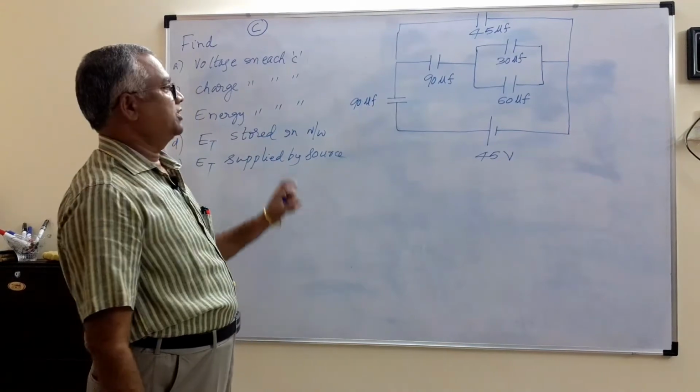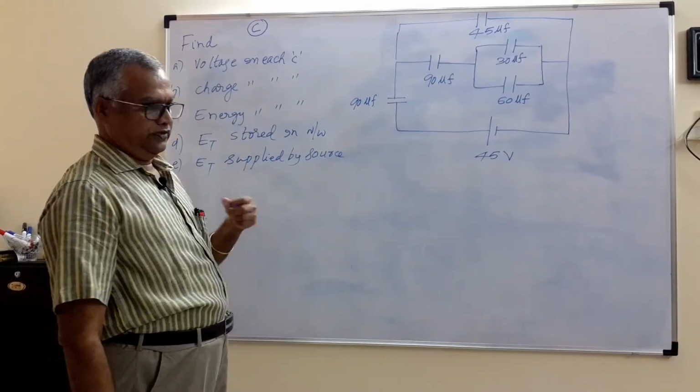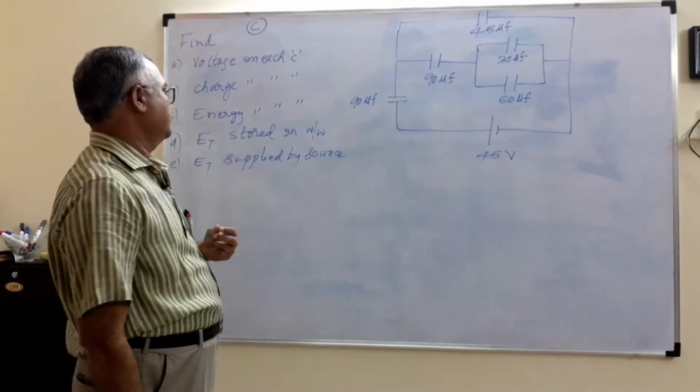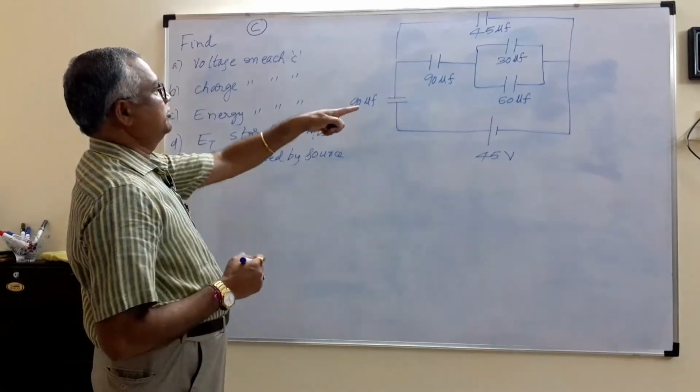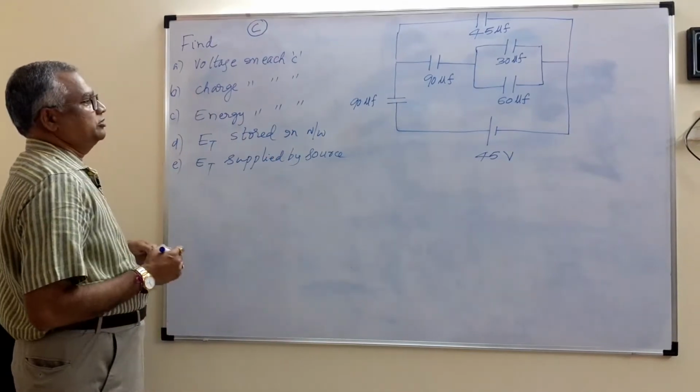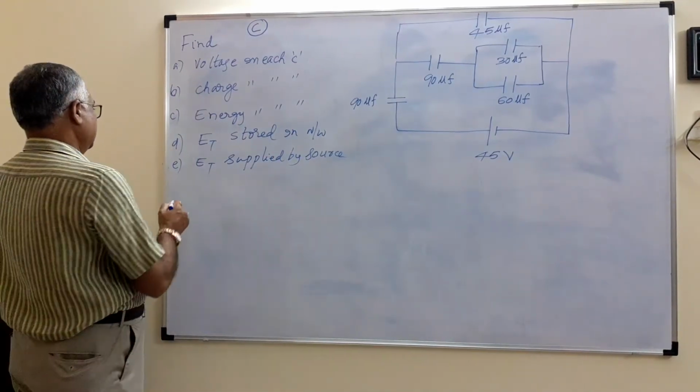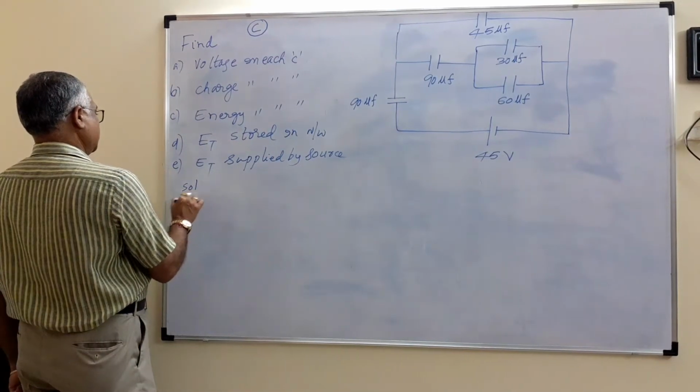I have selected numericals in such a way that we can analyze easily without a calculator. So this is the problem. These are the possible questions. Now how to solve this?